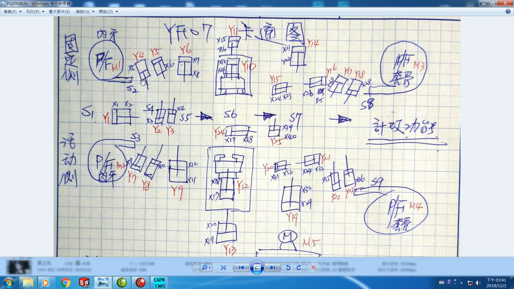Every movement is controlled by air cylinders and by PLC output and input sensors. The whole procedure from S1 to S9 is not in sequence. If it were in sequence, it would take a long time to finish one cycle.